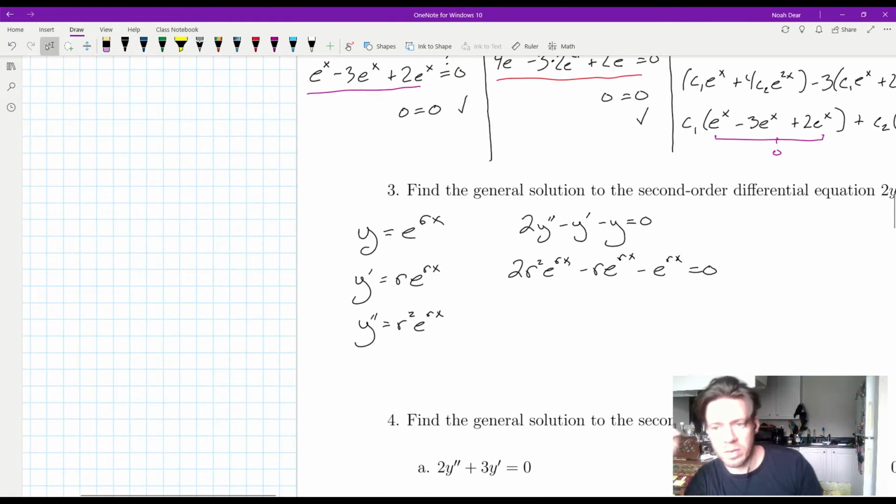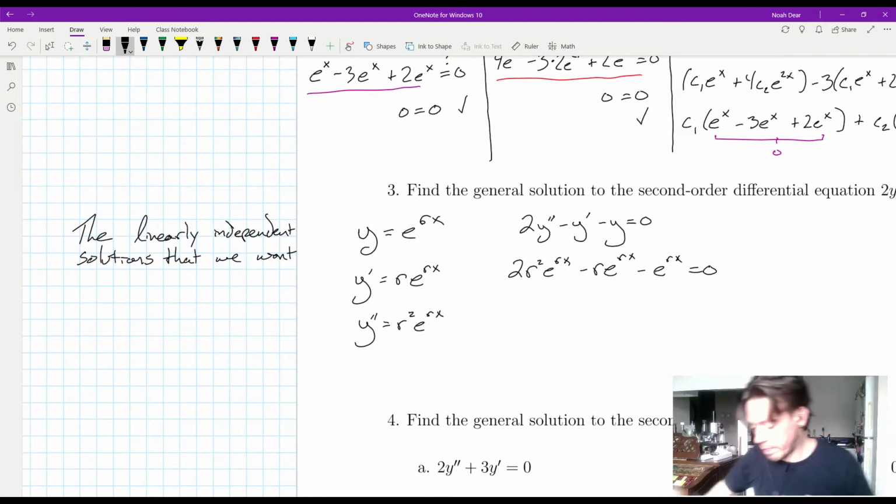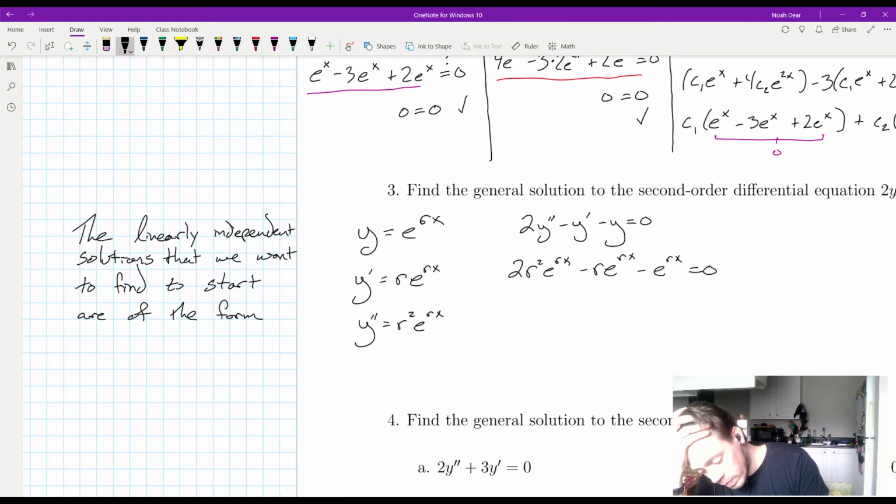I'm going to write this specifically over here. The linearly independent solutions we want to find to start are of the form y equals e to the rx.